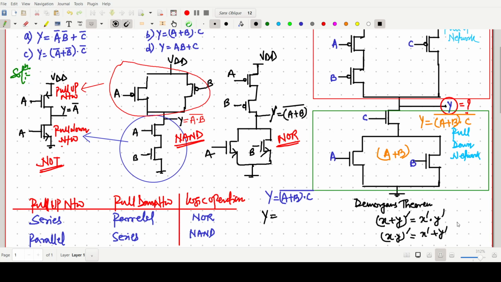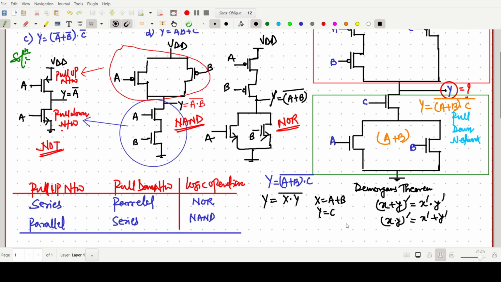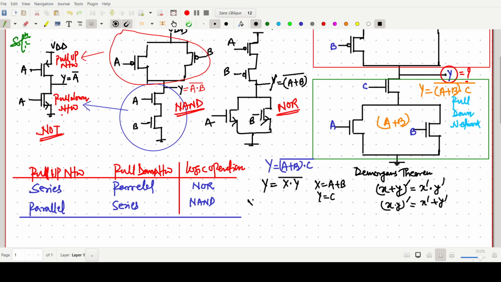For the time being, I can write this as x y bar, where x is A plus B and y is C. Make it z instead.